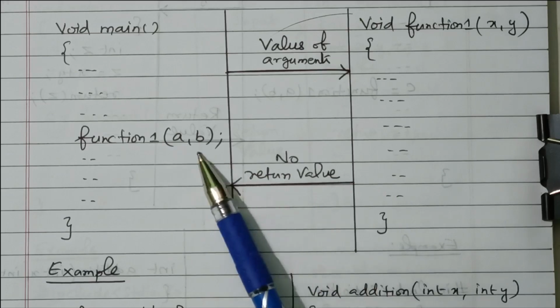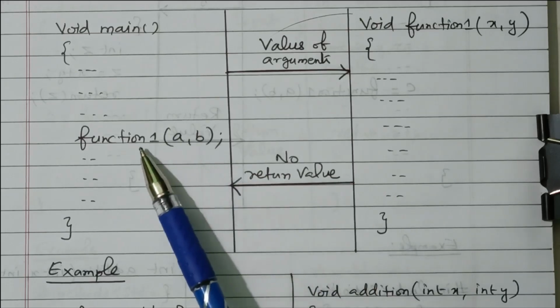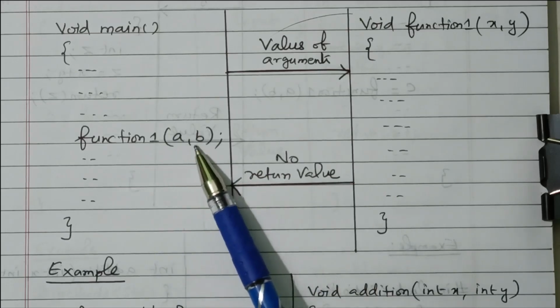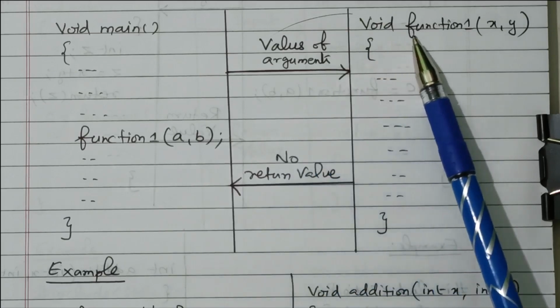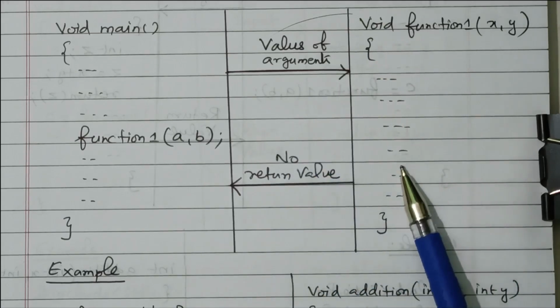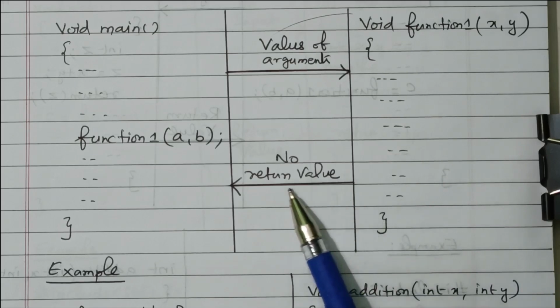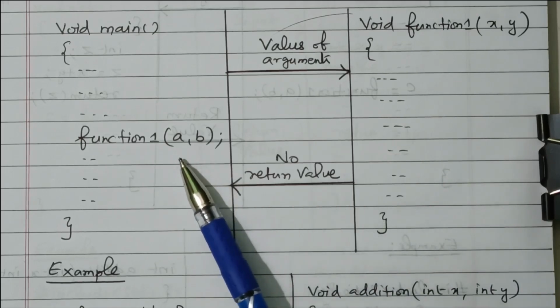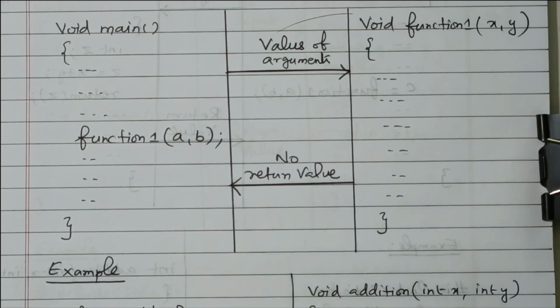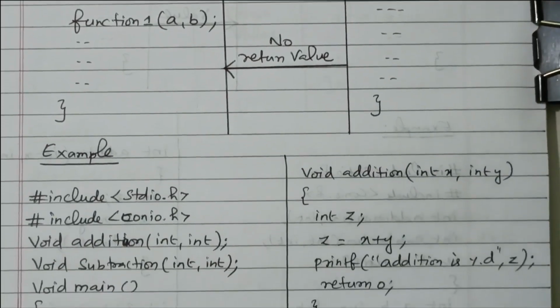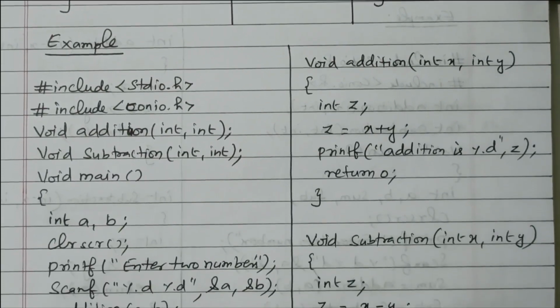But it does not return any value. So in the main program, we are calling the function, sending two parameters, and the control transfers here. It will execute the set of statements, and the control is transferred back here, but it does not return any value. Right, so that is the second category.